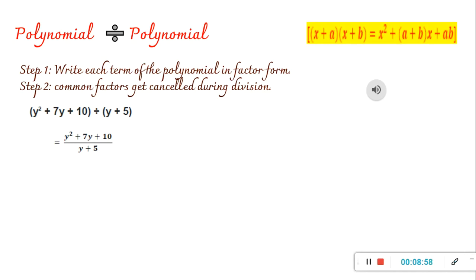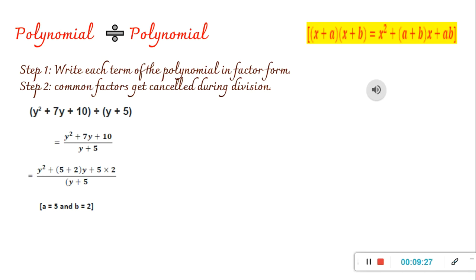So let's see if we can make this fit into this. So y square plus 5 plus 2 into y plus 5 into 2, divided by y plus 5. So yes, this fits perfectly in this form, right? Here a is equal to 5 and b is equal to 2. 5 plus 2 will be 7 and 5 into 2 is 10.